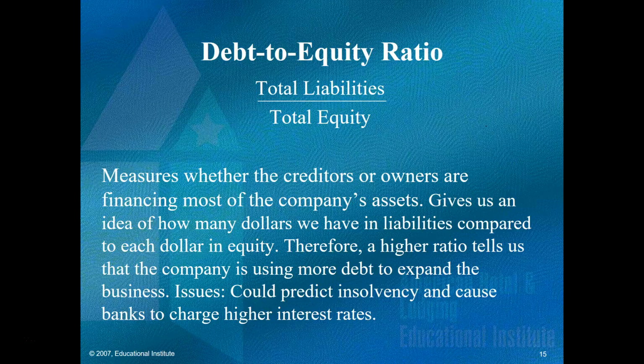Now remember, we've got 3 ways that we can purchase assets, right? We can borrow liabilities, we can issue common stock, equity, or we can earn it. So when we get more equity, it doesn't necessarily tell us whether we are issuing stock to get it or whether we're earning it. But it just means that we're using more equity to get access to the assets.